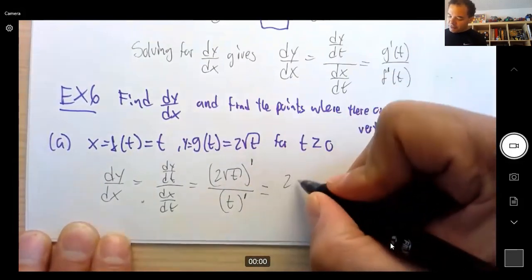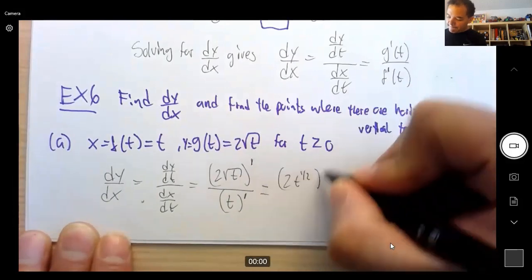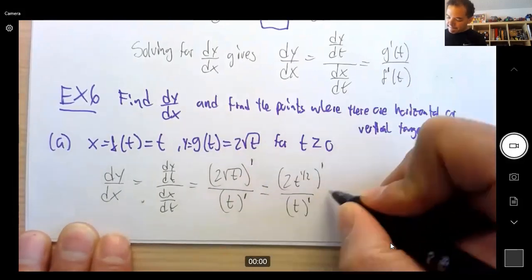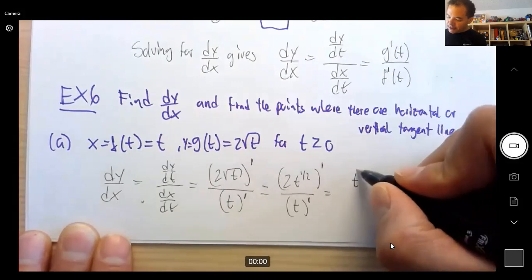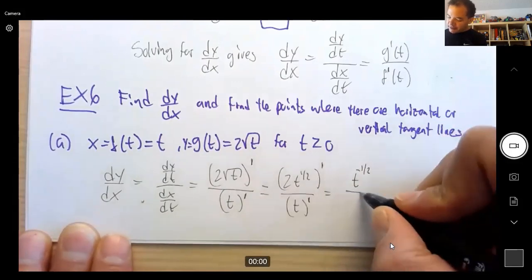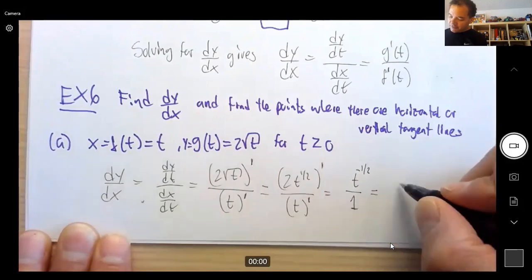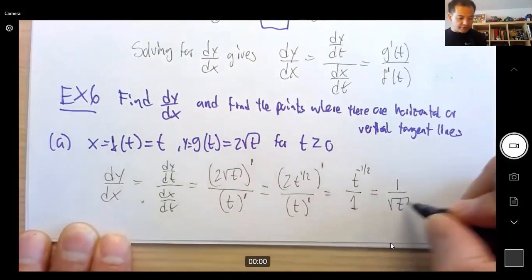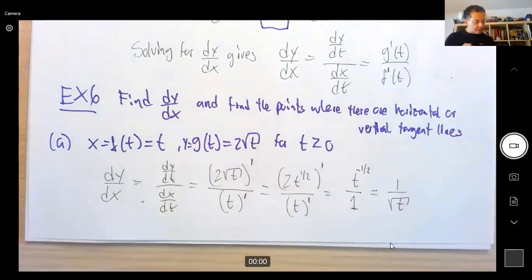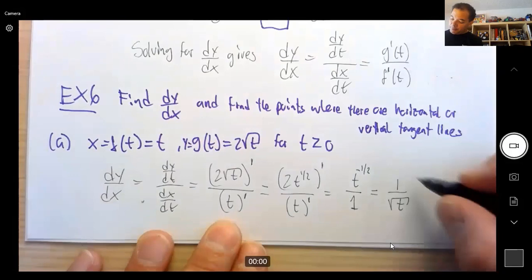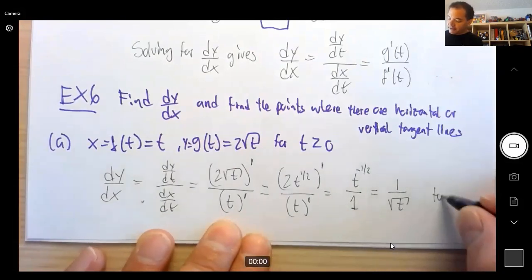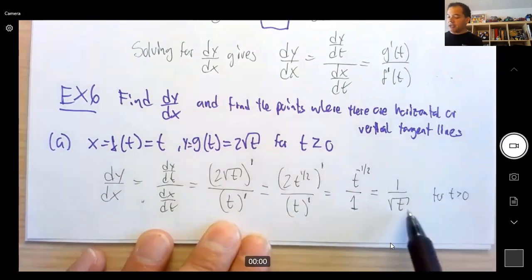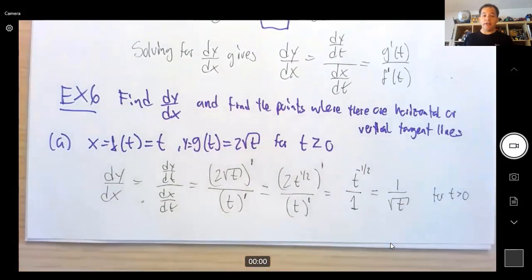This is 2t to the 1/2, so the 1/2 comes down, so it's t to the negative 1/2. And this one is 1. So it's just 1 over root t is the derivative. And provided, of course, we cannot divide by 0. So this is for t greater than 0. For t equals 0 doesn't work. Okay? So that's the first part.